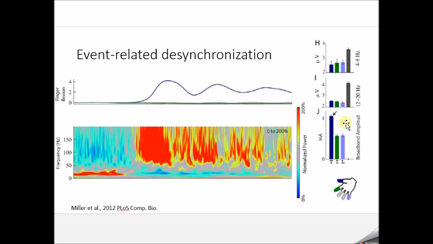So what we're going to specifically be talking about is the amplitude as a function of time of a specific frequency range. For example, the amplitude in these low frequency ranges decreases after the event.